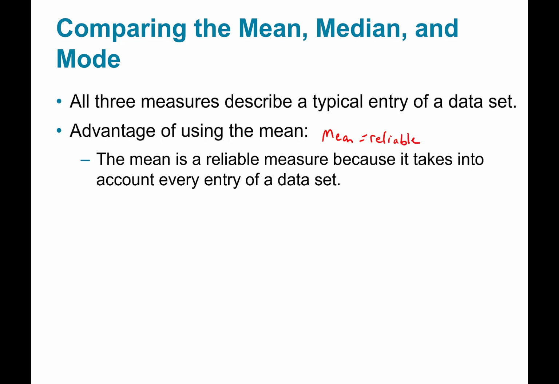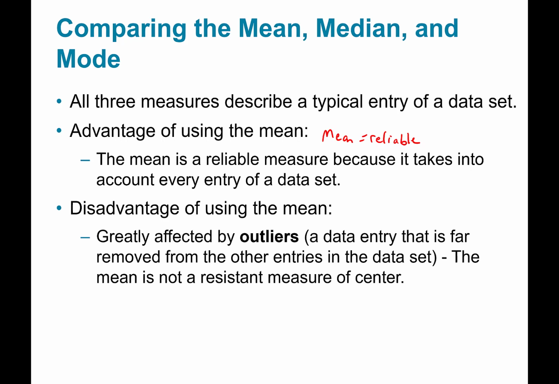But the same reason we like it, because it takes into account every entry of the data set, is also a big disadvantage, because the mean is greatly affected by outliers. These are just data entries that are far removed from other data entries in the data set. So while the mean is reliable, it is not resistant to outliers.